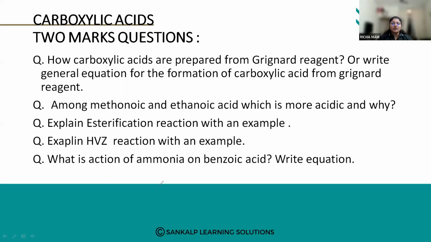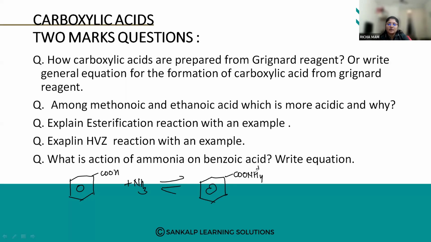What is the action of ammonia on benzoic acid? Take benzoic acid and react it with ammonia. Your hydrogen will be replaced by ammonium, so you are going to get ammonium benzoate.